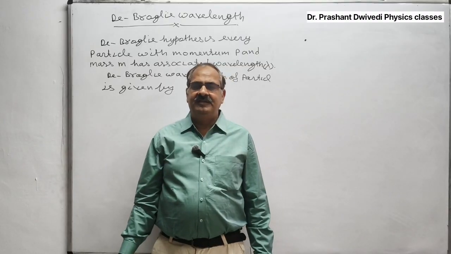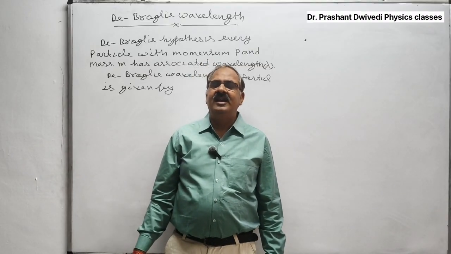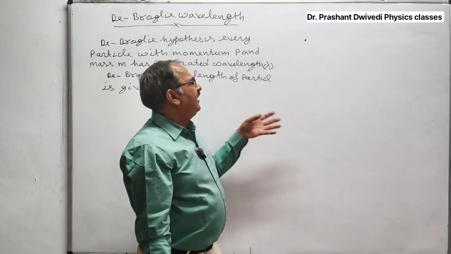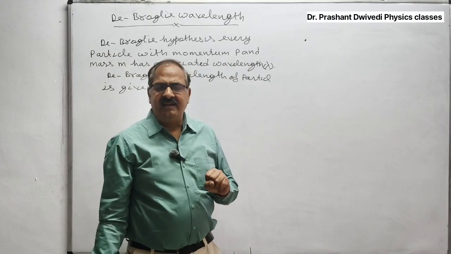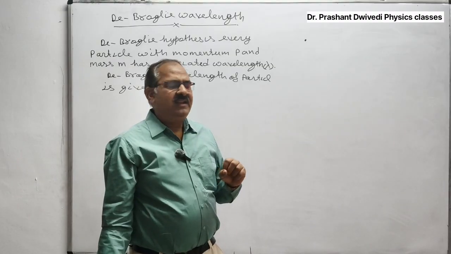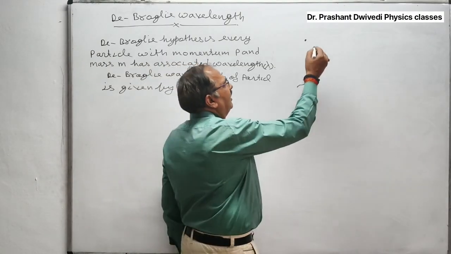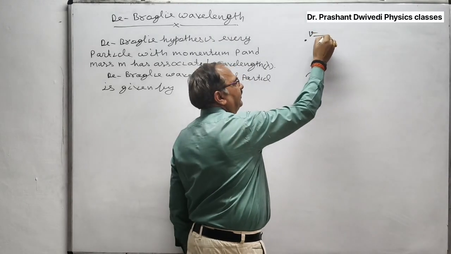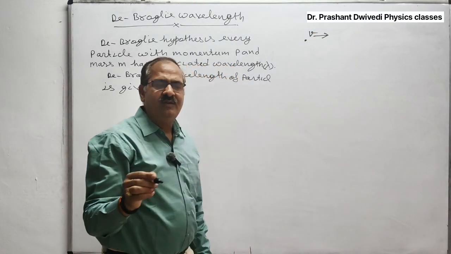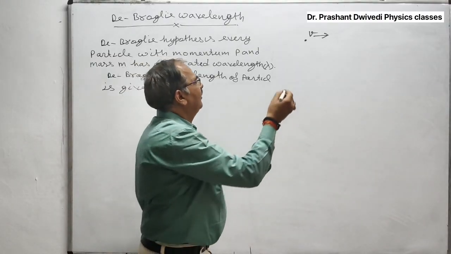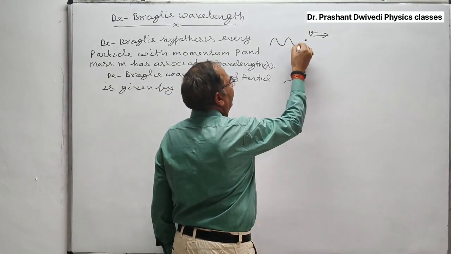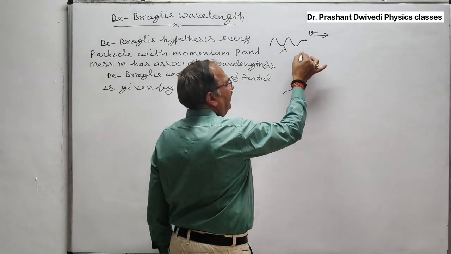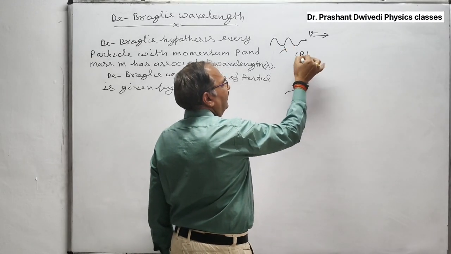Prashant Vedi Physics classes. Today I discuss the de Broglie wavelength. Any material particle moving with velocity also has a wavelength lambda, and momentum p.